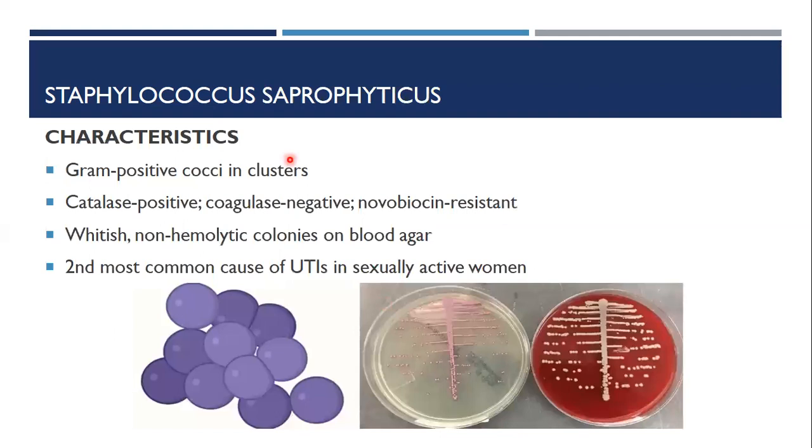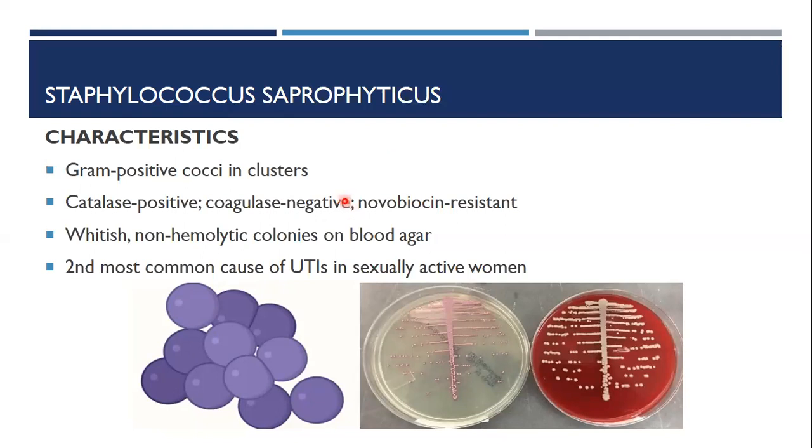Then we have your Staphylococcus saprophyticus. Okay, so the same, it's actually a gram-positive cocci in clusters. Still, it's catalase positive because it belongs to the Staphylococcus genus, and to differentiate it from the catalase-positive Staphylococcus aureus, we do perform the coagulase test.